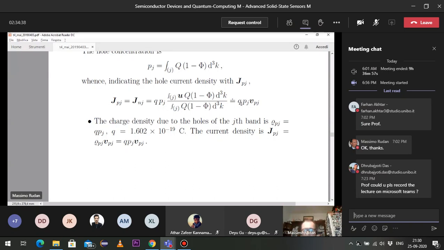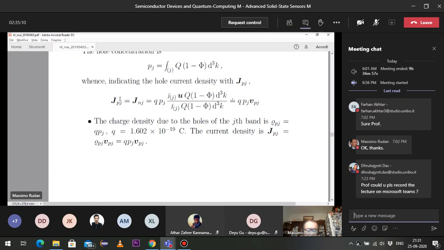We can express it alternatively, either using the electron concentration and average velocity with the minus, or using the average velocity of the holes, the concentration of the holes, and the plus sign with the charge. If we prefer using the holes, then it is useless to call it capital J_n_j, we call it capital J_p_j.